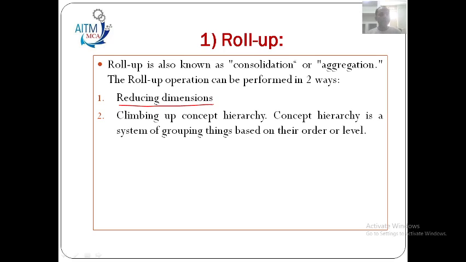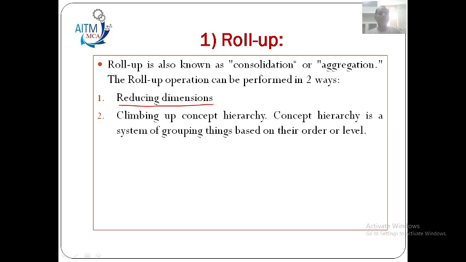So the first way is to reduce the dimension, and the second way is combining the hierarchies, grouping the things which are required. Got it? These are the two ways you can perform the roll-up operation.